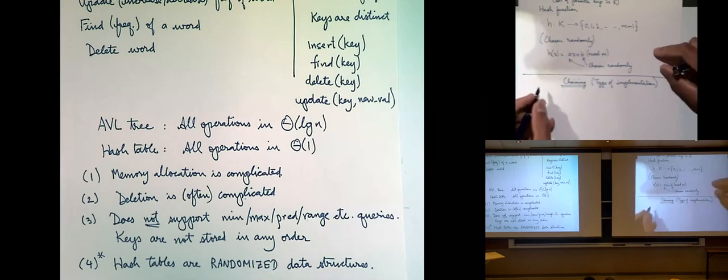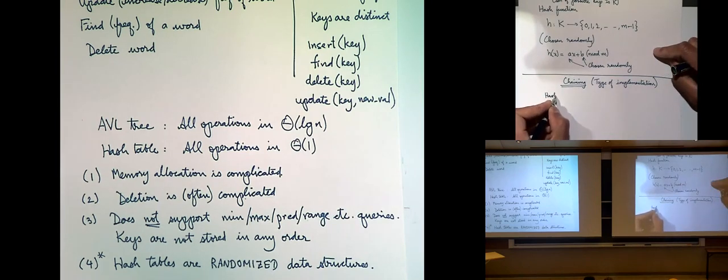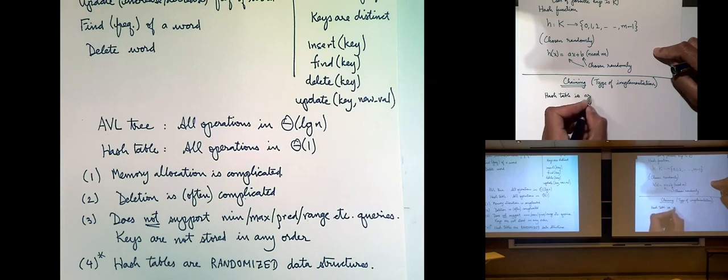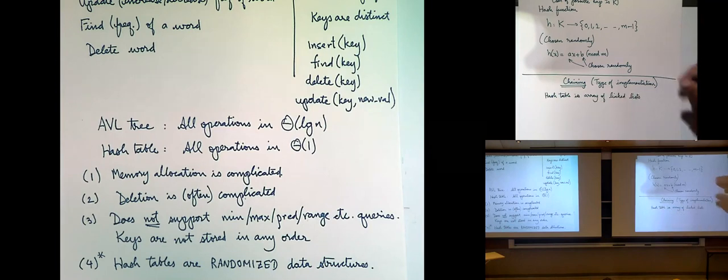So in this case, a hash table is an array of linked lists.